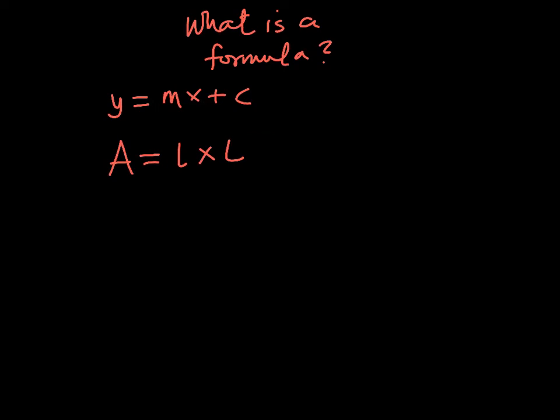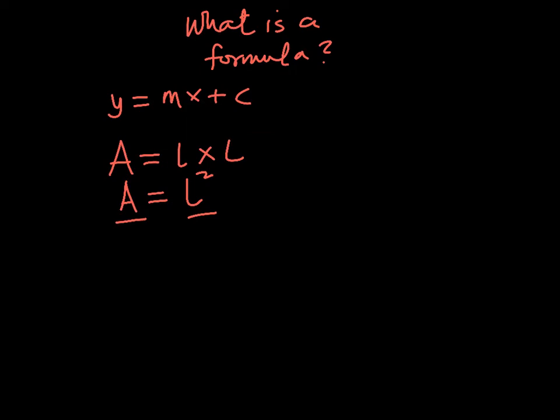Therefore the area is equal to L squared. So we see here that A is a variable and L is a variable, and these two variables are related by this equation. So L times L will be equal to the area.